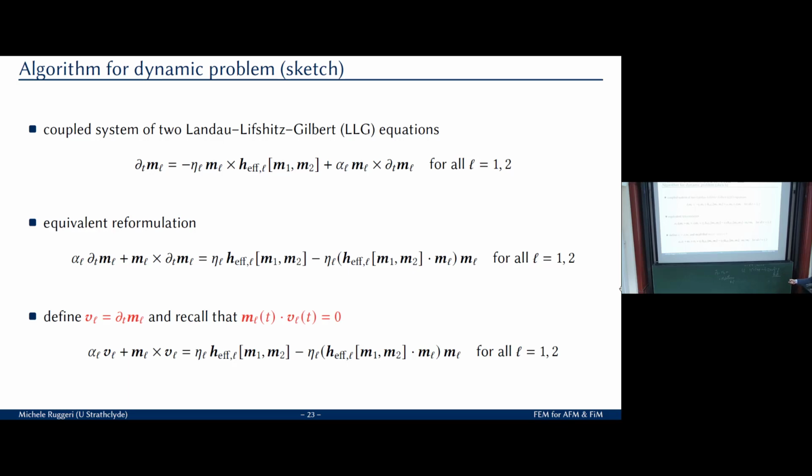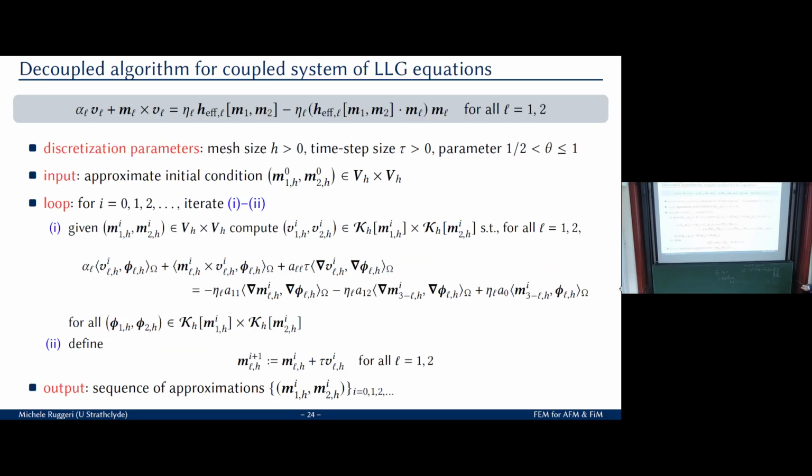And then I obtain this form here, and from this I define my algorithm. The message here is that it looks very similar to what we had before, because the Landau-Lifshitz-Gilbert equation is nothing but an L2 gradient flow plus the conservative term. So basically, we consider the same algorithm here.